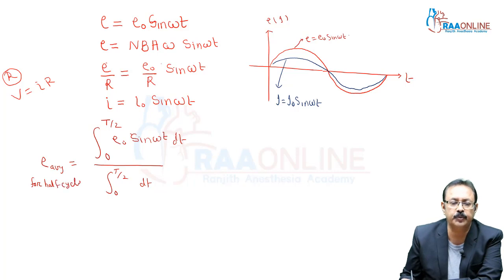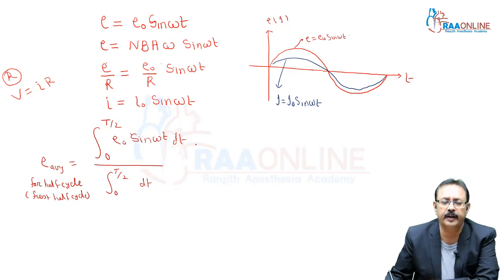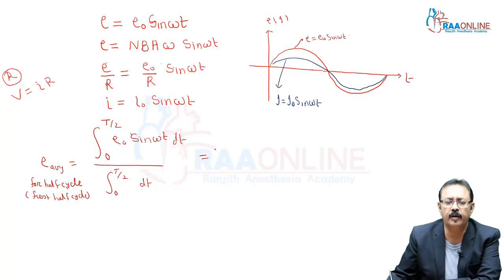Since we are choosing 0 to T by 2, we are calculating the first half cycle. You know the integration. E naught is constant, put it outside. The integration of sin omega t is minus cos omega t divided by omega.